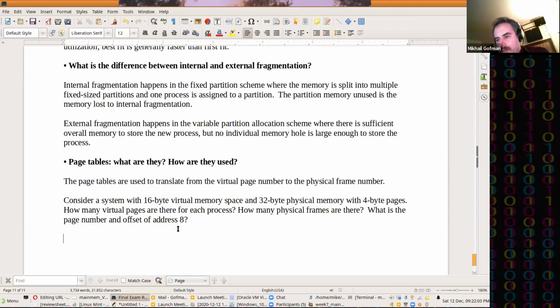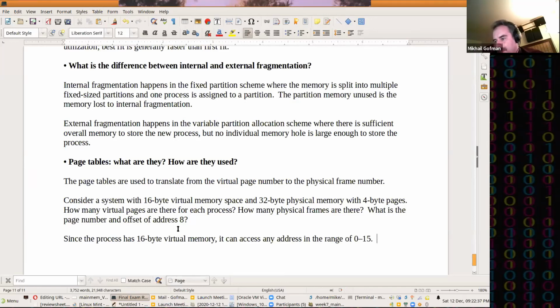So first, we observe that the process has 16 bytes of virtual memory, so it can access any address in the range of 0 to 15. Okay, so 16 bytes overall.